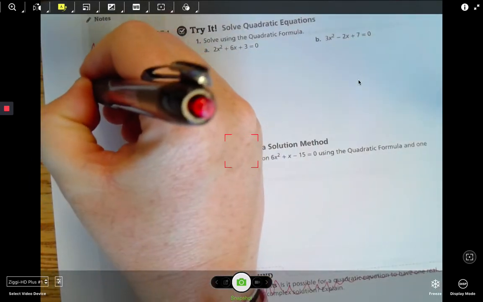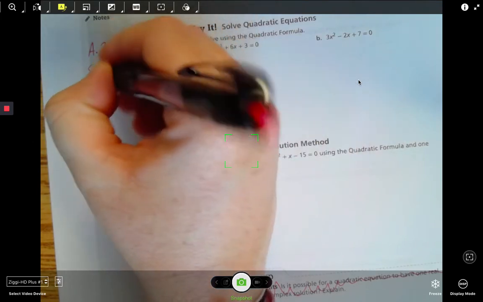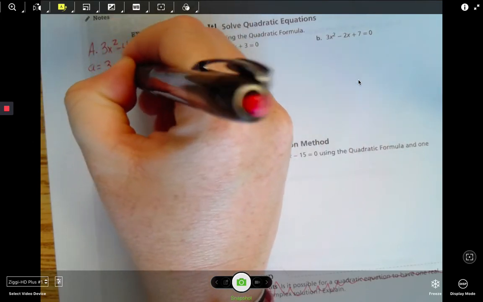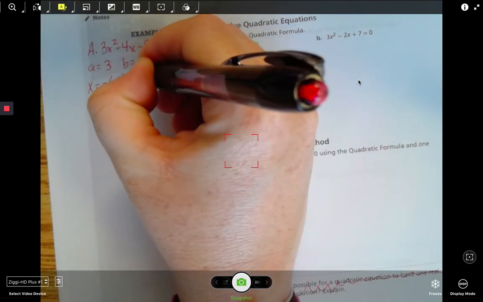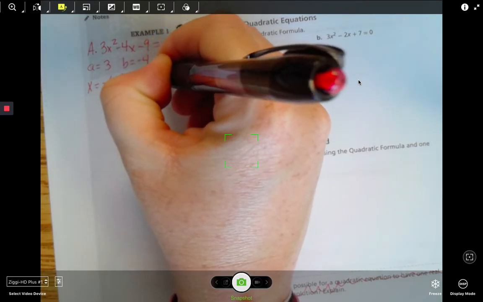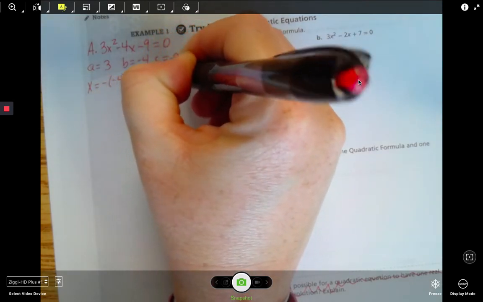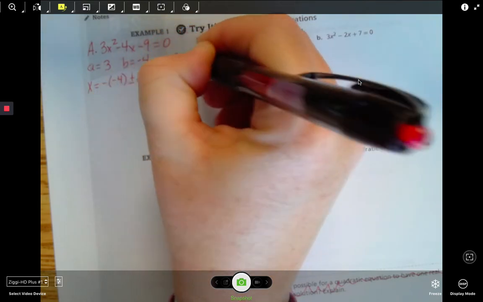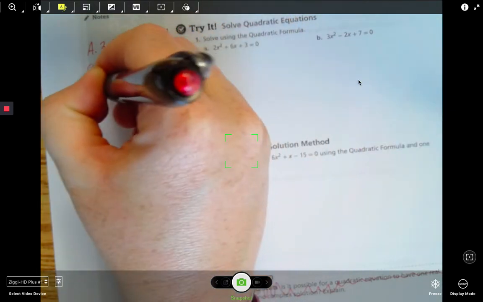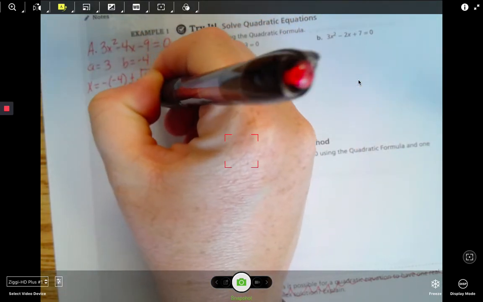So now that we know what a, b, and c are, we can just plug it straight into this formula. So x is equal to the opposite of b plus or minus the square root of b squared minus 4 times a times c, all of that over 2a.